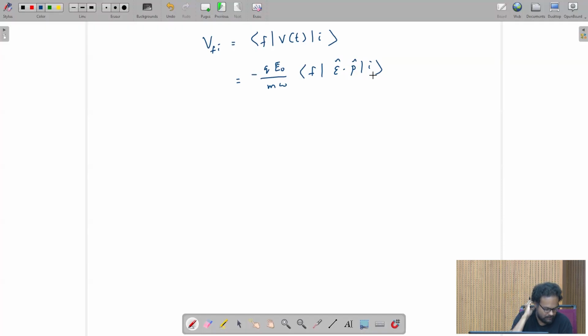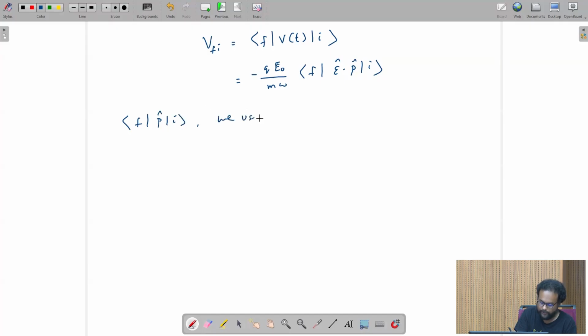The important thing, again, as I said, is that we are in the weak field approximation. Weak field approximation means that I can use perturbation theory to solve this. So in first order perturbation theory, I can estimate the matrix elements using the unperturbed wave functions, which are related to my H naught. The most critical thing here is evaluating this matrix element.